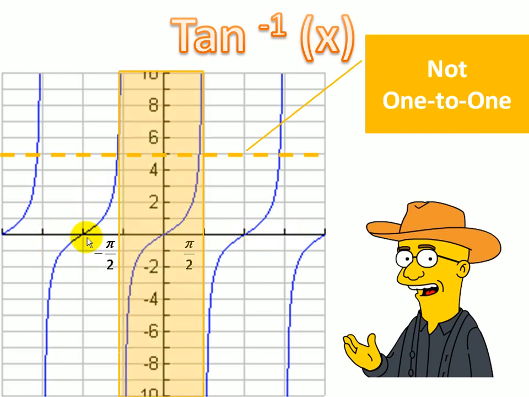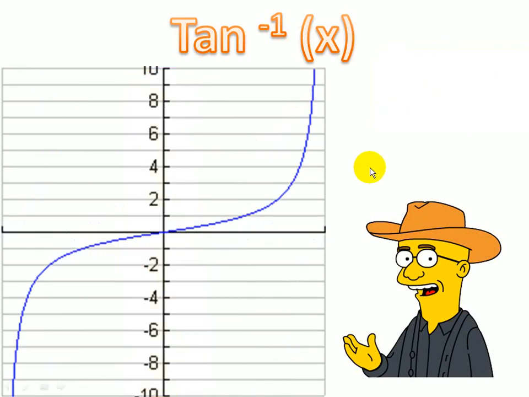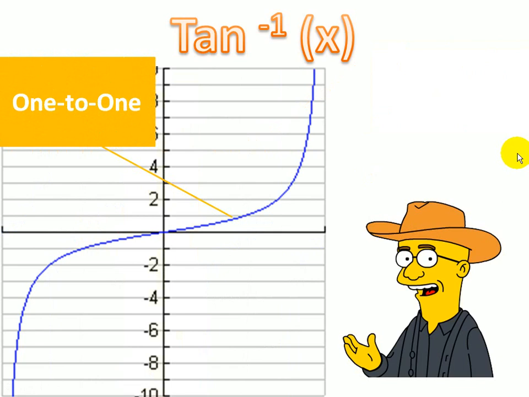So this is the part that we will use to define inverse tangent. Expanding that, we get this graph, which is definitely 1 to 1. You can see that we're going from negative pi over 2 to pi over 2, and of course the range goes from negative infinity to infinity for tangent.